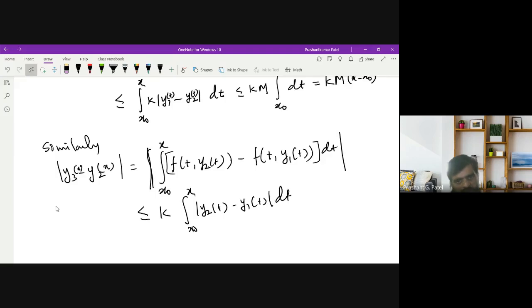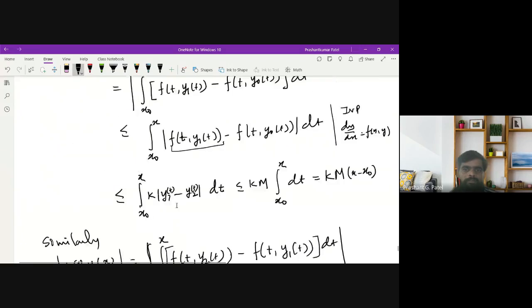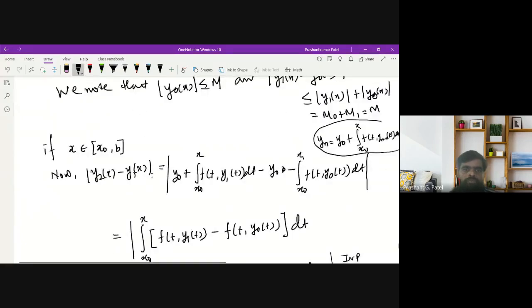So as we have discussed here, y2(t) minus y1(t), that we can write as y1 minus y2.